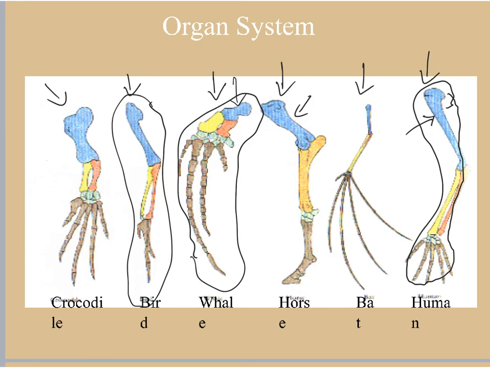A pectoral fin in a whale isn't meant for flying. Definitely is not meant to be a structure used in collecting food or climbing a tree or hanging on to babies or what have you. In fact, the pectoral fin on a whale is pretty much non-functional.